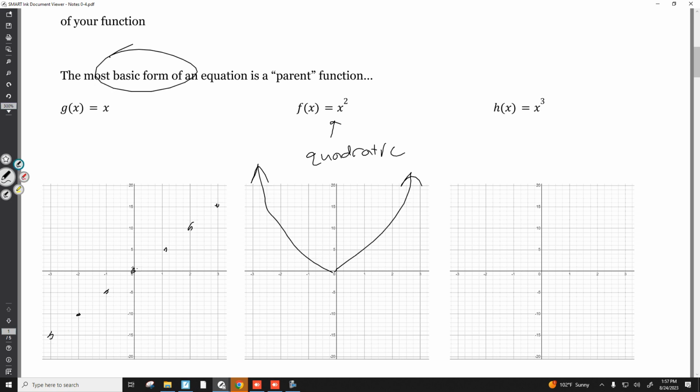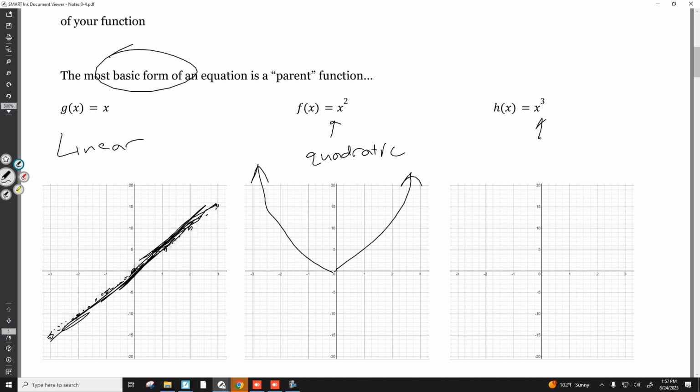What do you have? A bunch more decimals that can also be plugged into the function that gives us points. And if you kept going and going, all the points kind of meld together and create that line. Okay, this is the parent linear function.